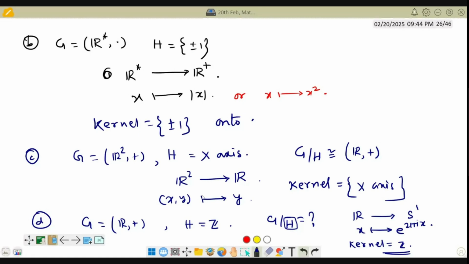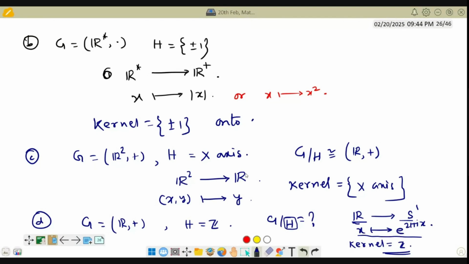Good. So anyone wants to give an answer? He's saying why are we defining R to S1 in this way? Anyone? Because of making the kernel Z. Yeah. Anyone else? S1 is the unit circle. Okay.